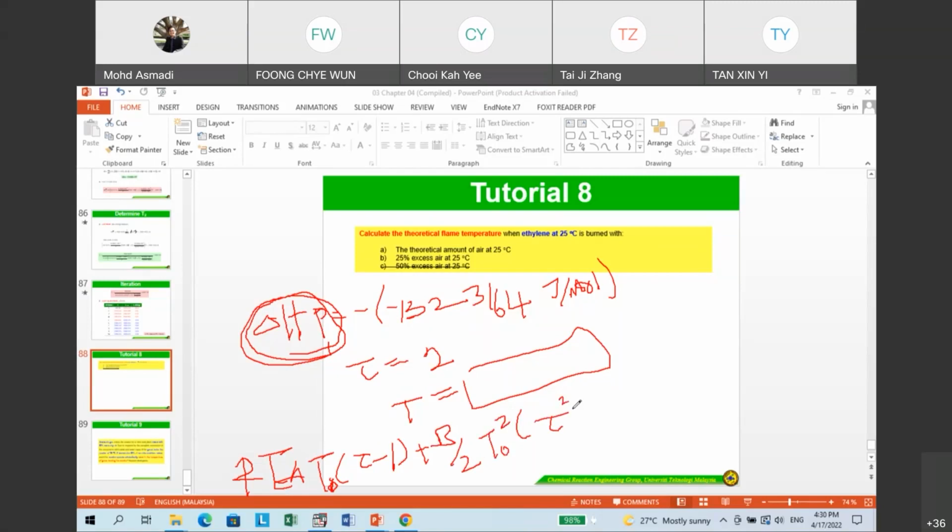Tau minus 1, plus D divided by T naught, tau minus 1 divided by tau, equal to this one. Okay, 1, 3, 2, 3. And 1, 6, 4.